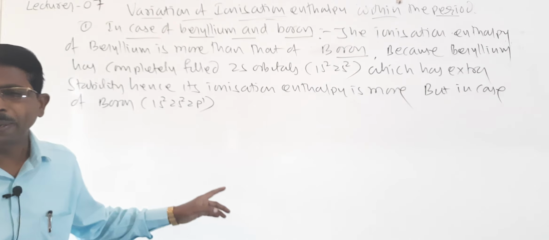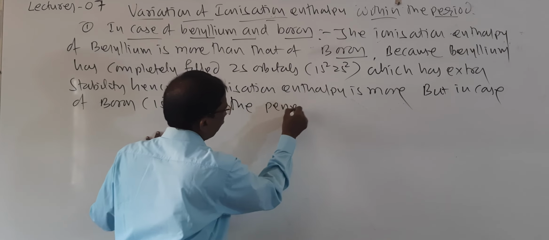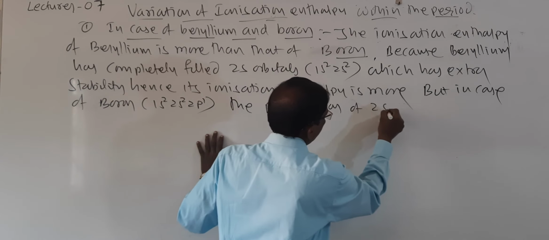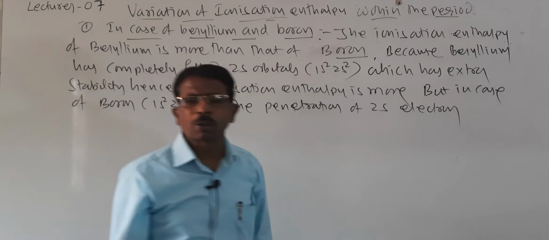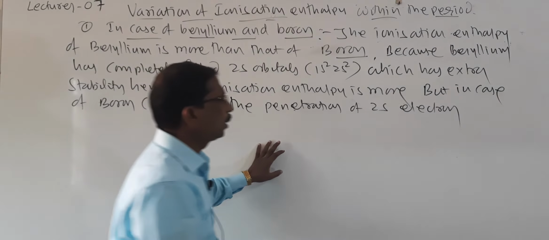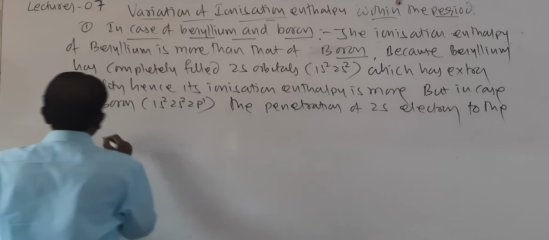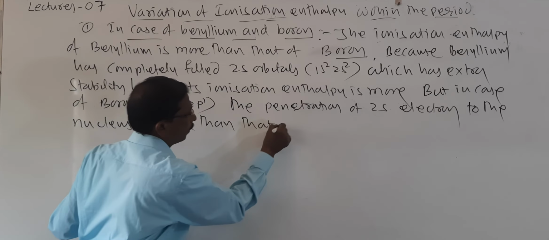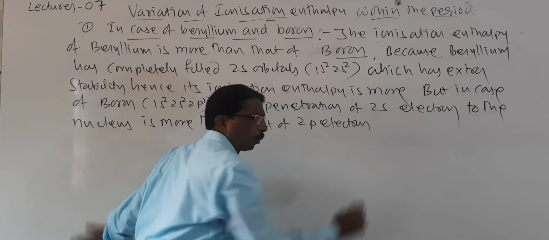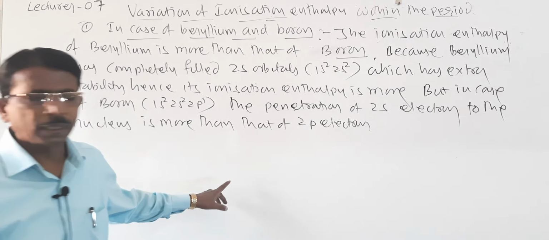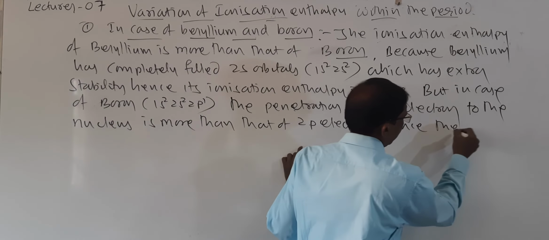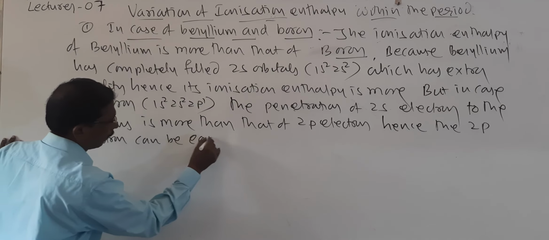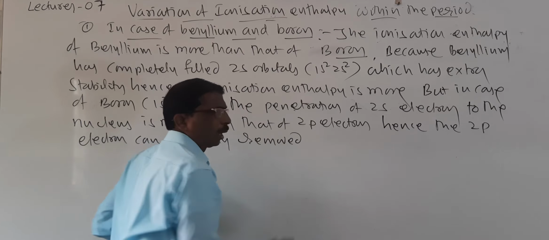But in case of boron, the penetration of 2s electron, because 2s comes first, the penetration of 2s electron to the nucleus is more than that of 2p electron, hence the 2p electron can be easily removed because it is shielded.